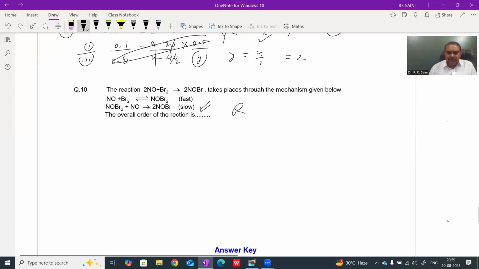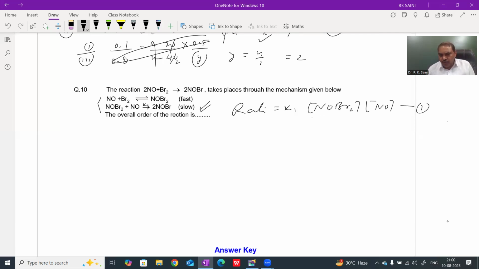Therefore the rate is directly proportional to K1, the rate constant, and the concentration of NOBr2 and the concentration of NO, because the given steps are elementary and the order of species equals their stoichiometric coefficient. But NOBr2 is not a reactant because it is an intermediate species, not present in the reactants. Therefore, it must be replaced using another step.